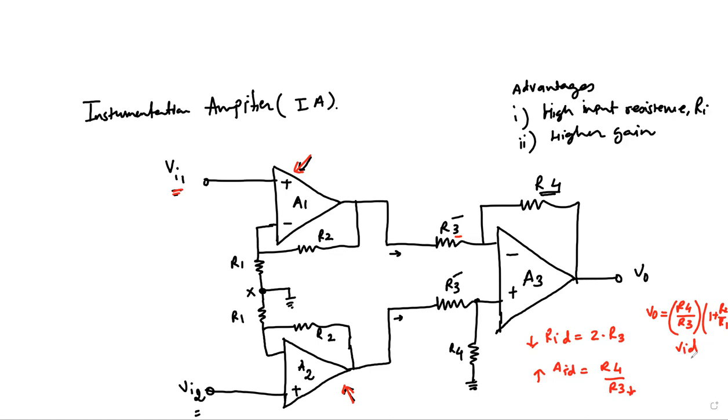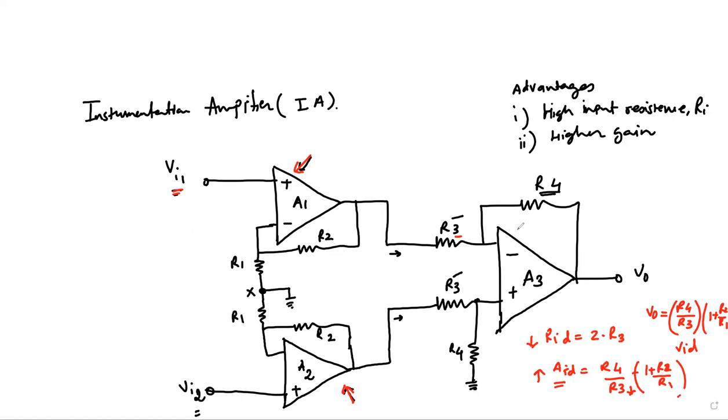Right over here. So let's write the gain, AID, that is R4 over R3 times 1 plus R2 over R1. That's the gain.